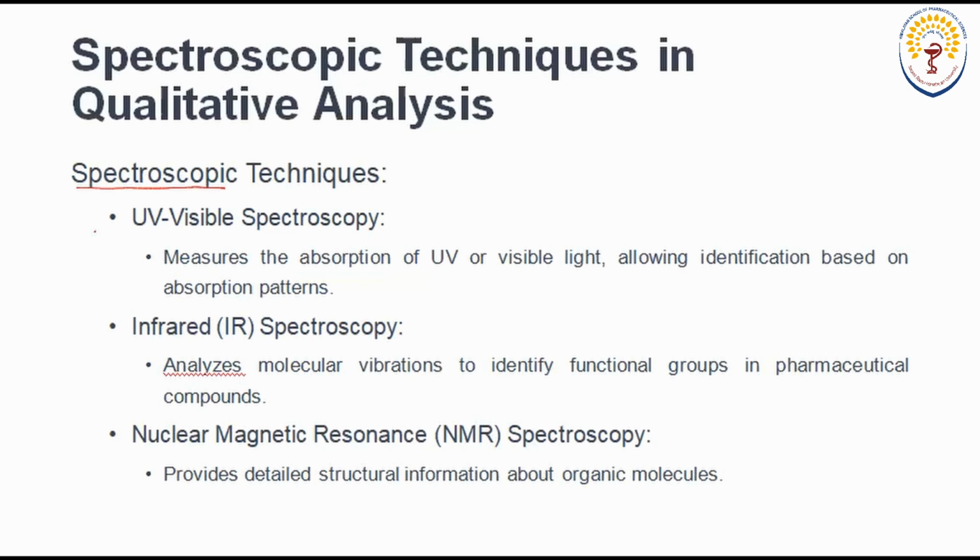Spectroscopy, I have already discussed in the previous lessons. There is UV visible spectroscopy, there is infrared, and there is NMR. In UV visible spectroscopy, we use ultraviolet light or visible light, which is subjected on the sample.